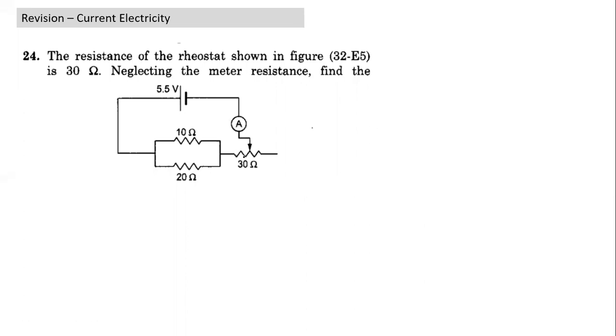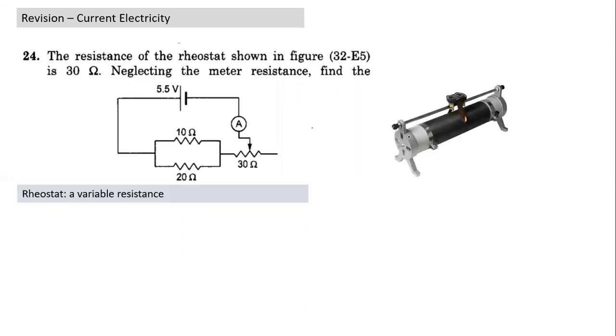What is a rheostat? A rheostat has a sliding contact, something like this. A rheostat is a resistance, but we can keep shifting the point of contact. When I keep the contact here, the resistance which is part of the circuit becomes 0. When I shift towards the right, the resistance keeps on increasing. In questions, we show variable resistance something like this also.